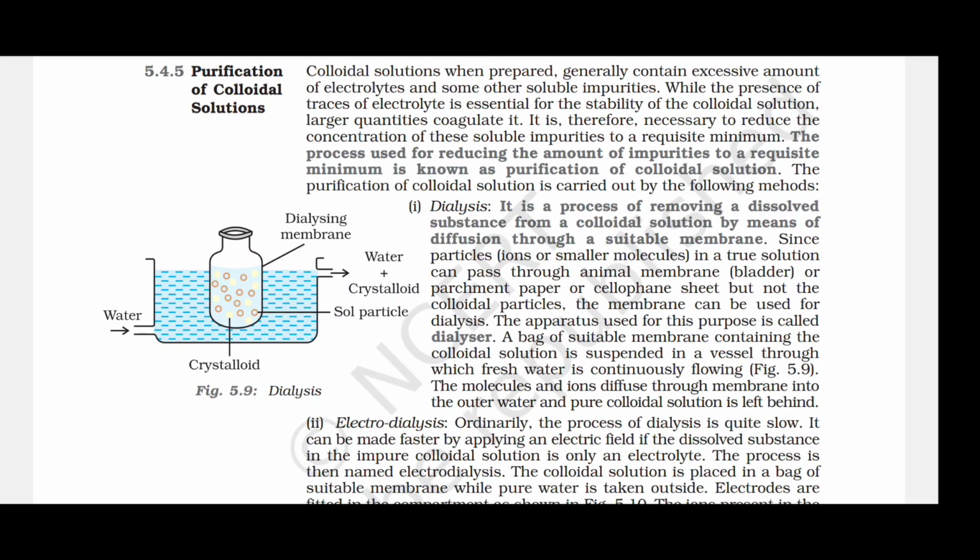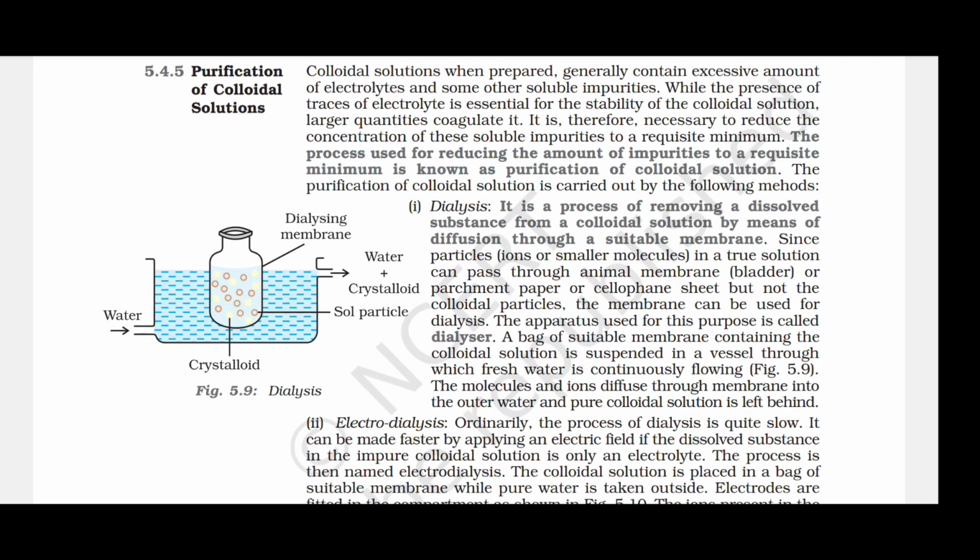First, dialysis. It is a process of removing a dissolved substance from a colloidal solution by means of diffusion through a suitable membrane. Since particles, ions, or small molecules in a true solution can pass through animal membrane, bladder, parchment paper or a cellophane sheet, but not the colloidal particles, the membrane can be used for dialysis.